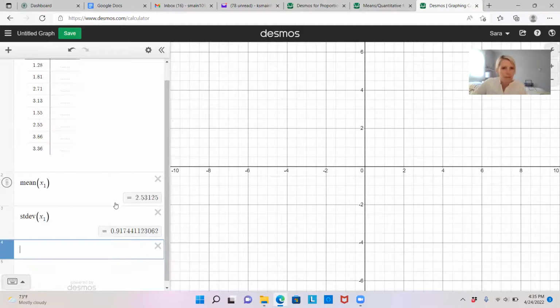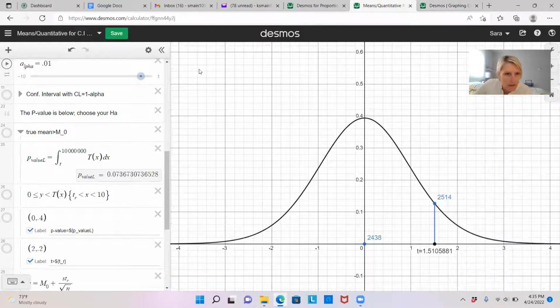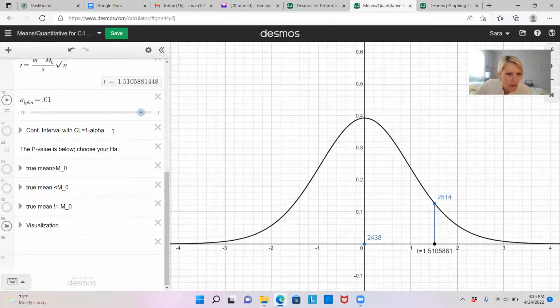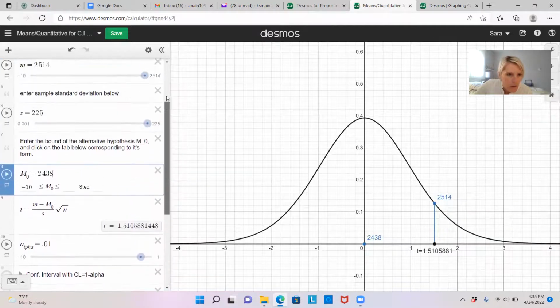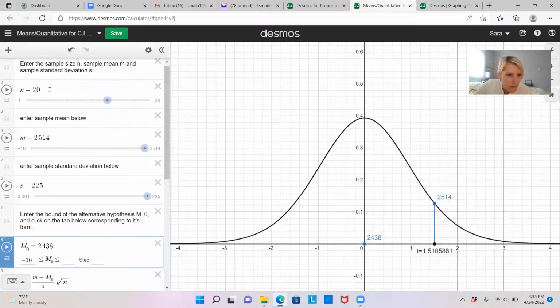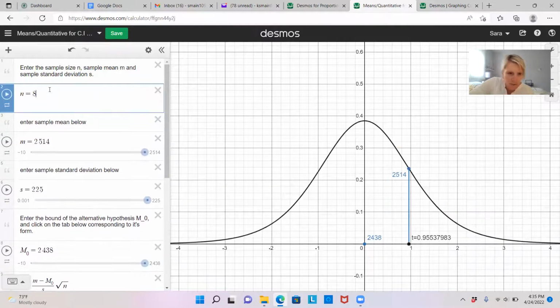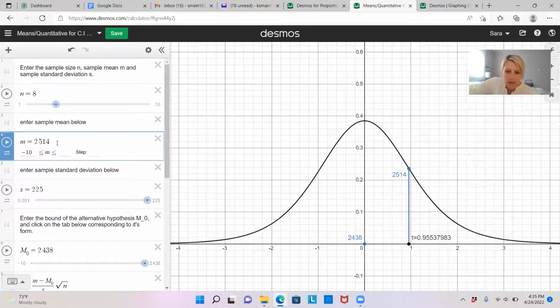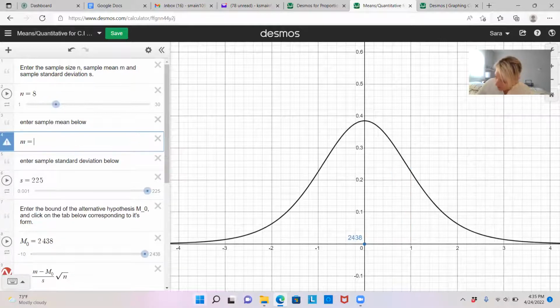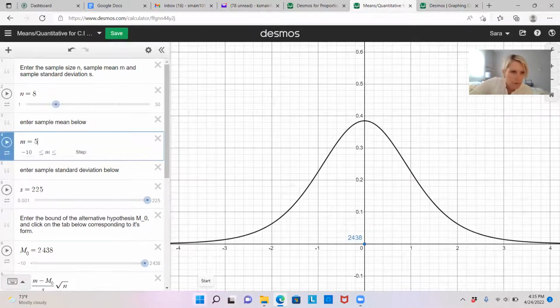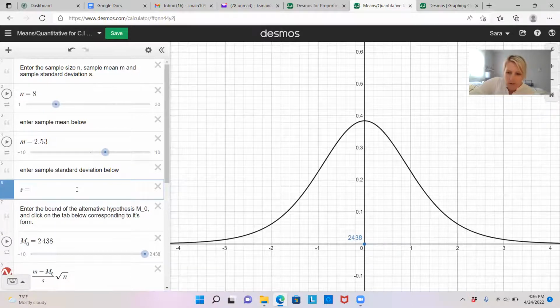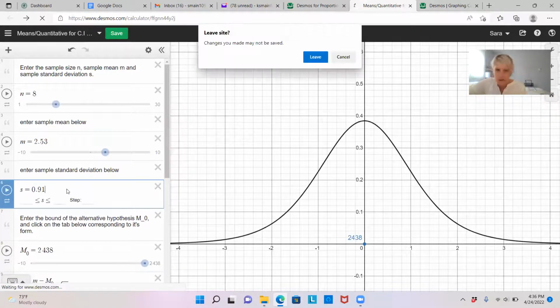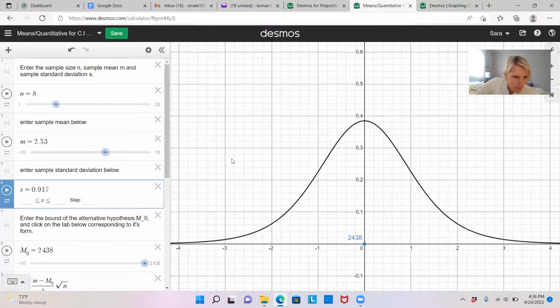And while we have this up, I'm just going to go ahead and open up our means Desmos link and go in and enter our data. So our sample size was 8. It's small. Our sample mean was 2.53. Our sample standard deviation was 0.917.